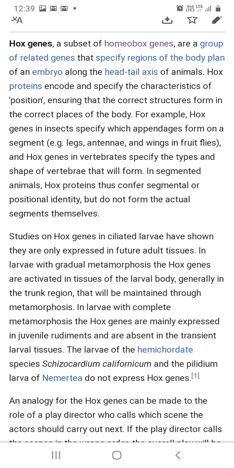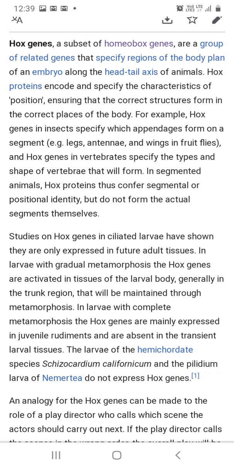The HOX proteins encode and specify the characteristic of position. Mice and humans are the two best studied mammals, while Drosophila is the best studied insect in invertebrates.